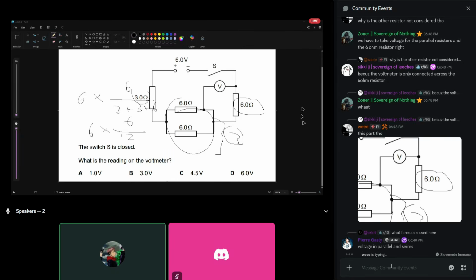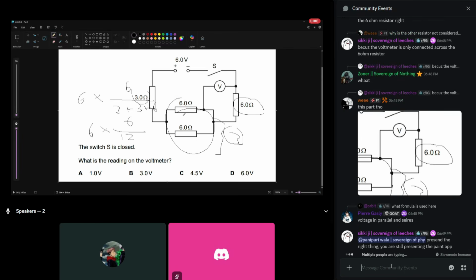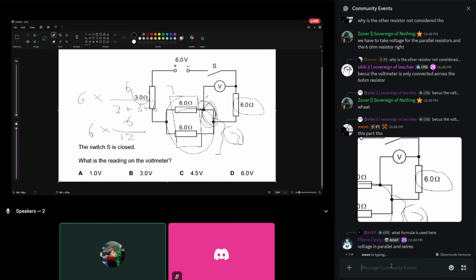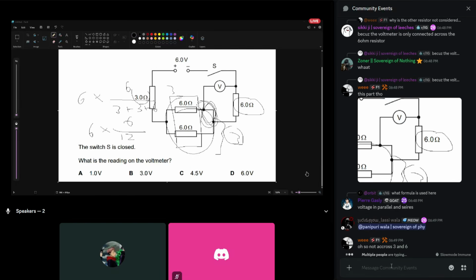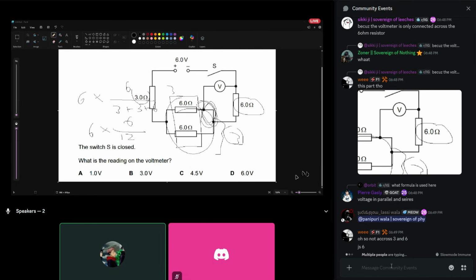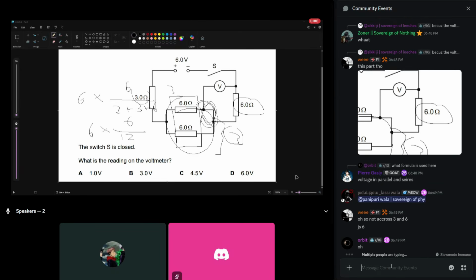Look, I am not going to consider this thing. This means absolutely nothing. All I'm doing is considering this whole thing as 3 ohms, and then considering the voltmeter across 6 ohms. That's all. It's not across 3 and 6, only across 6.